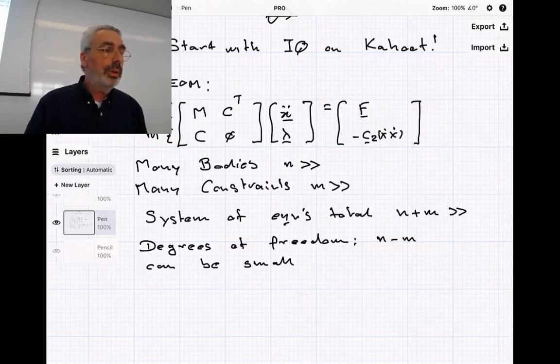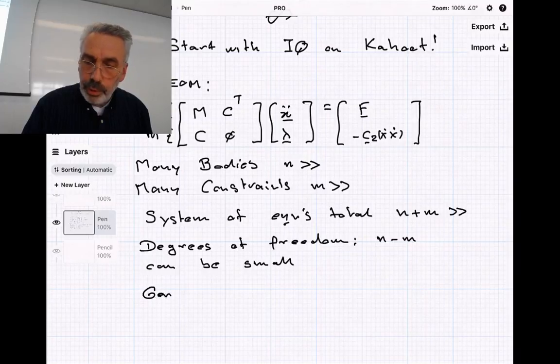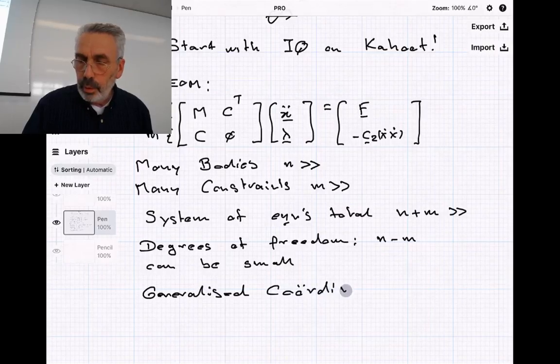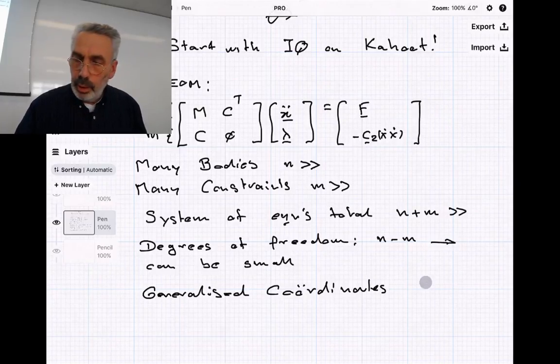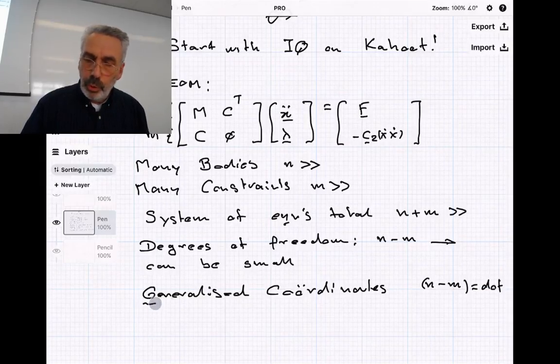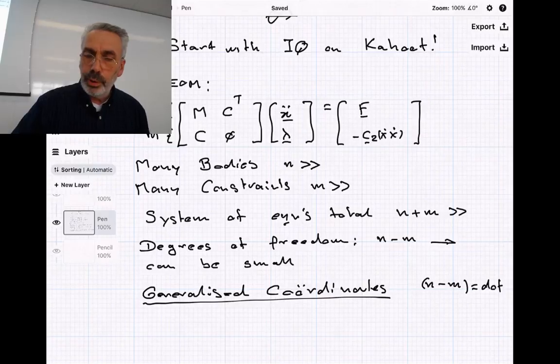Those coordinates we call generalized coordinates. So we move from that large set to the small set, n minus m in total, the degrees of freedom. That is the concept for today, generalized coordinates.